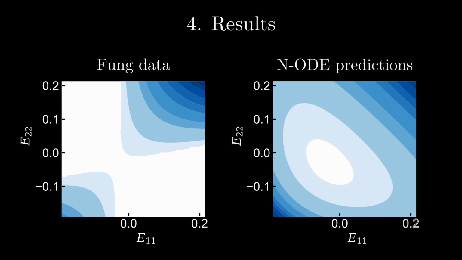The neural ODE is simply unable to learn this kind of material response because its building blocks prevent it from violating polyconvexity. It still tries to match the training data as well as it can, but within the bounds of polyconvexity. And that's a good thing, because this training data is physically unrealistic in the first place.